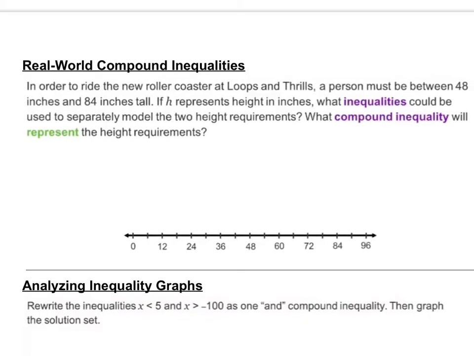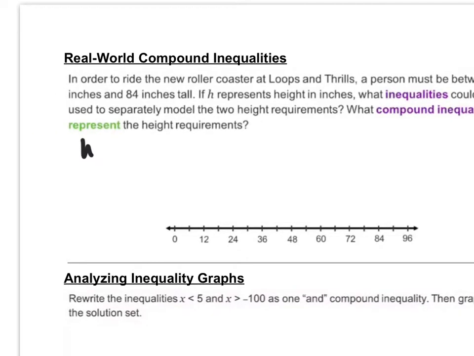So what we know is that the height h needs to be greater than 48, and the height needs to be less than 84.